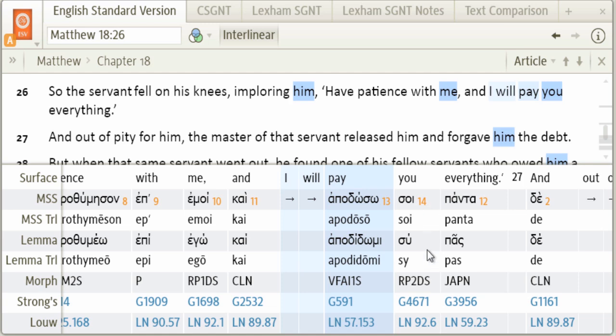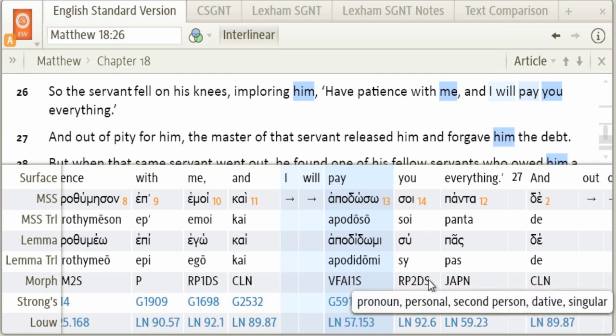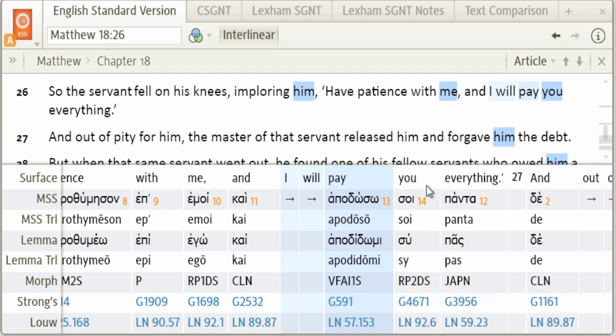Soi, which is in the dative case, is translated you, and it's the indirect object of the verb apodoso, which is translated pay. In this clause, panta, which is translated everything, is the direct object, specifying what was given.